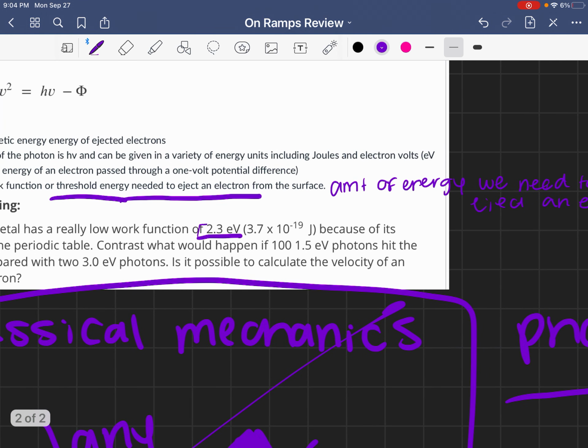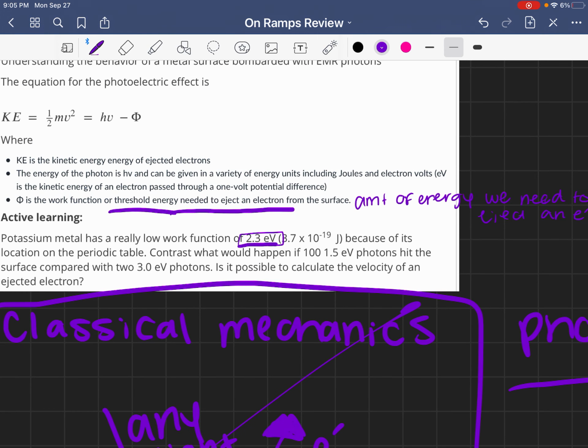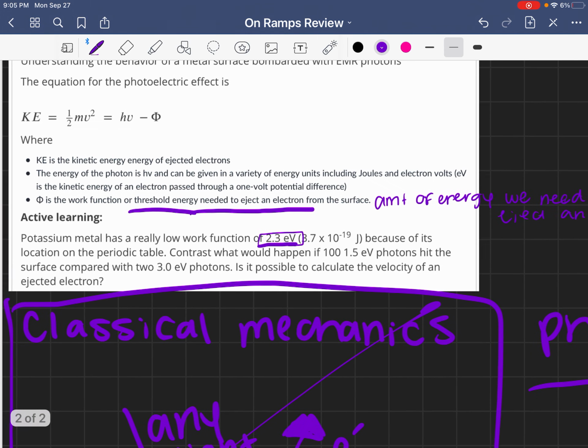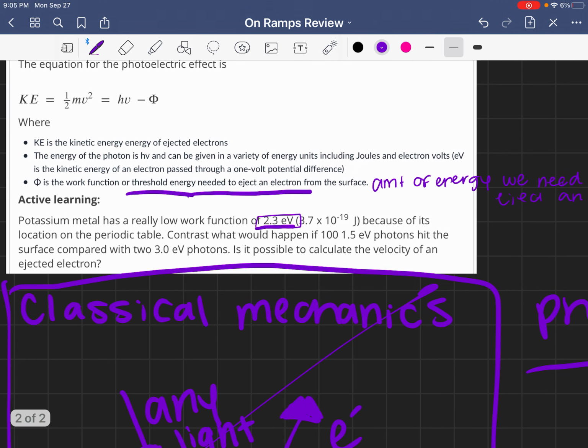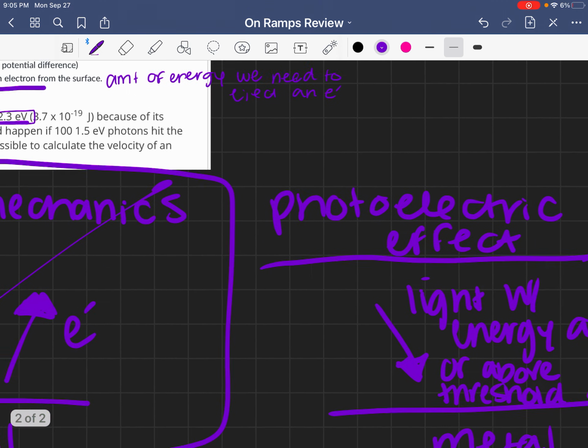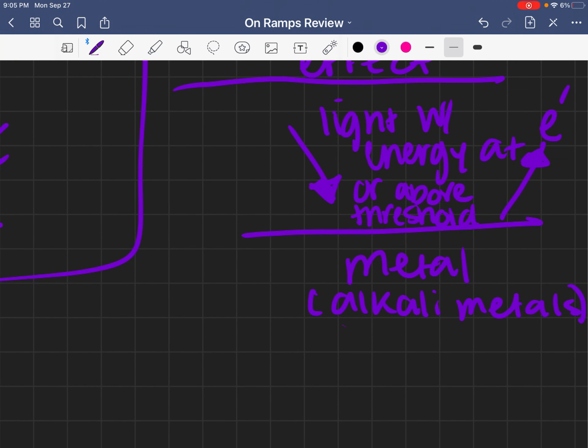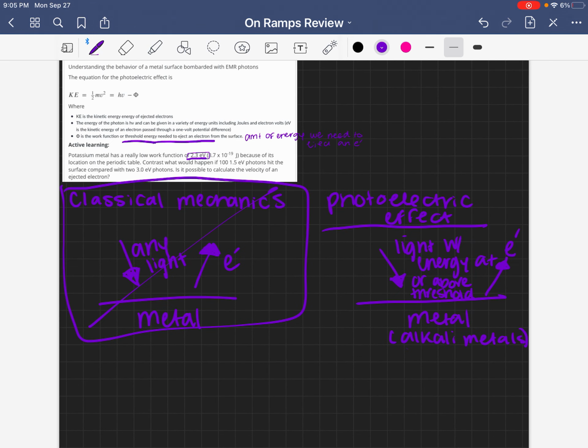Anything less than 2.3 eV. Okay? So because of its location on the periodic table, it has a low work function. Like I said, alkali metals are going to have low work functions, low threshold energies that are needed to eject an electron from their surface.